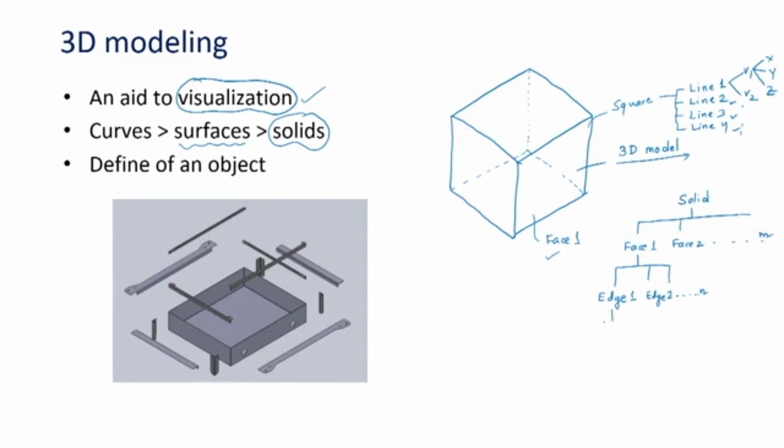Now, each edge has endpoints. The endpoints I can call vertex 1 and vertex 2, and each vertex has 3D coordinates x, y and z. So, this is x1, y1, z1. Similarly, we have x2, y2, z2. This is the inverted tree representation of a 3D solid model.